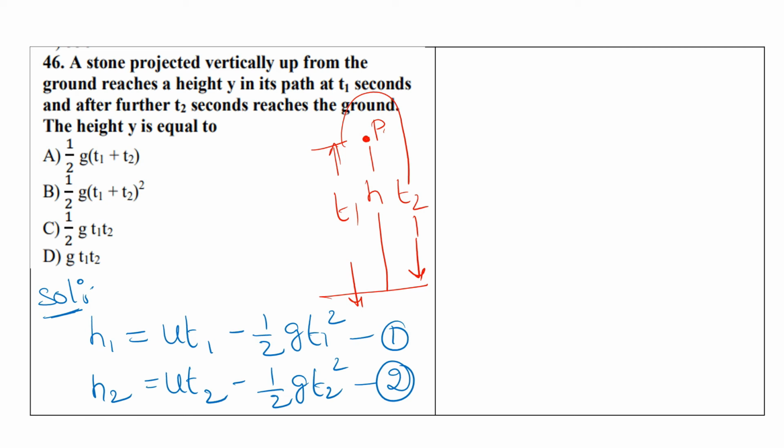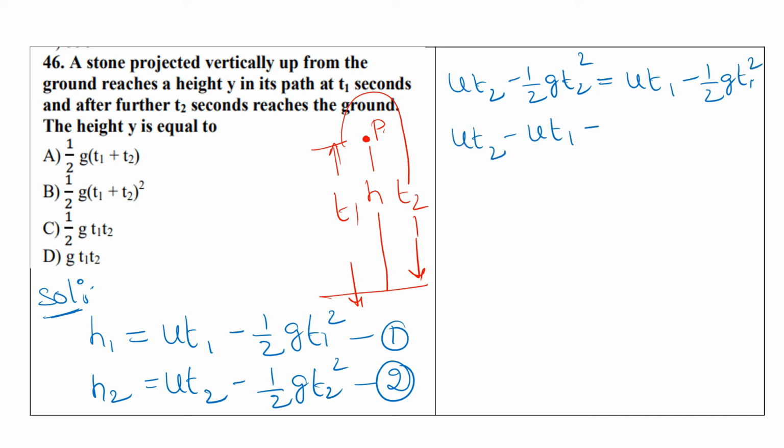So equating these two equations, then we get u t2 minus half g t2 square is equals to u t1 minus half g t1 square. So this can be written as u t2 minus u t1, that is equals to minus half g t1 square plus half g t2 square.